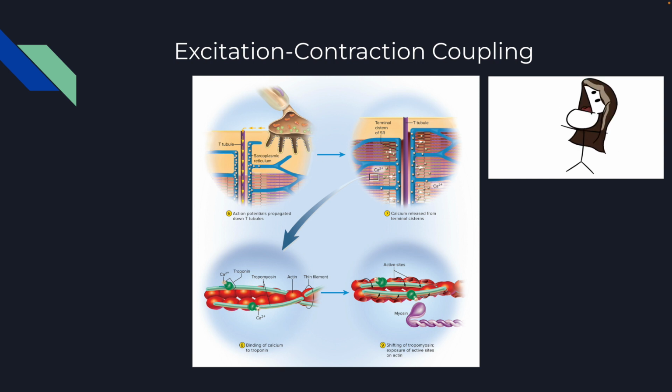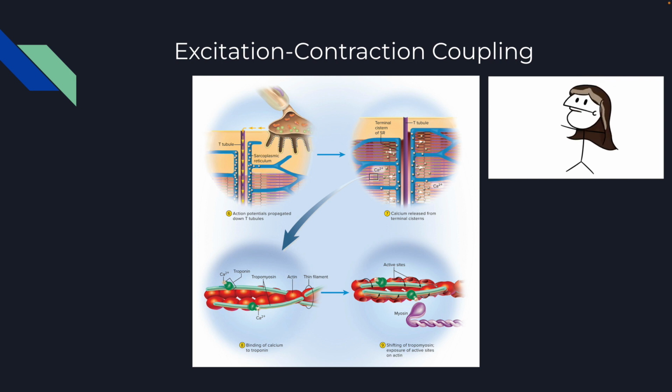The next phase is excitation-contraction coupling. This step refers to the events that link the action potentials on the sarcolemma to the activation of the myofilaments. The action potential spreads from the motor end plate in all directions. This wave reaches the T-tubules and then continues down into the cell interior. These action potentials open voltage-gated ion channels located in the T-tubules.